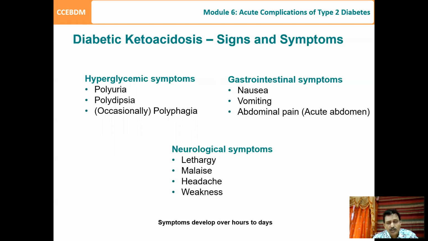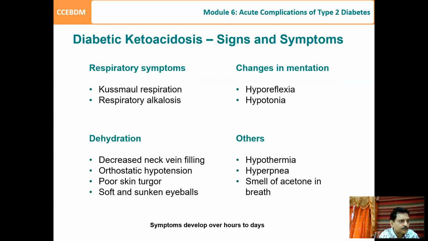So it does not mean all patients will have neurological symptoms. The patient can have only hyperglycemic symptoms or gastrointestinal symptoms, or a combination of the two. When the patient comes with neurological symptoms, say for example drowsiness, stupor or coma, it means we are dealing with a very severe case of diabetic ketoacidosis.